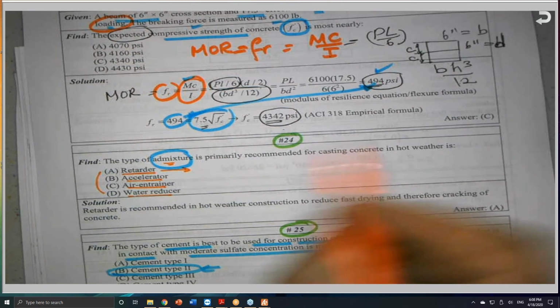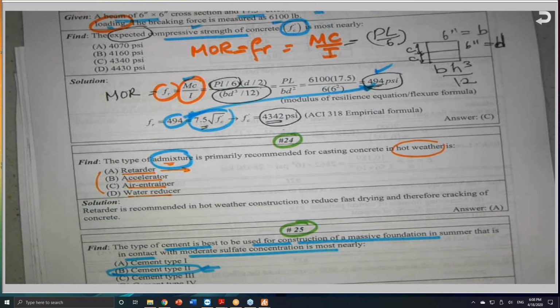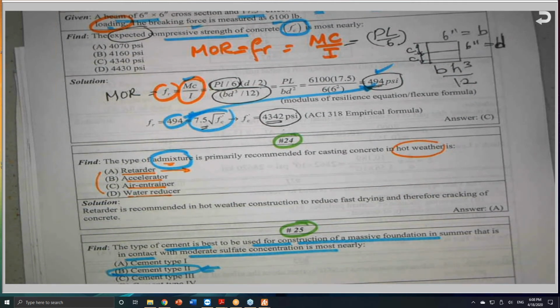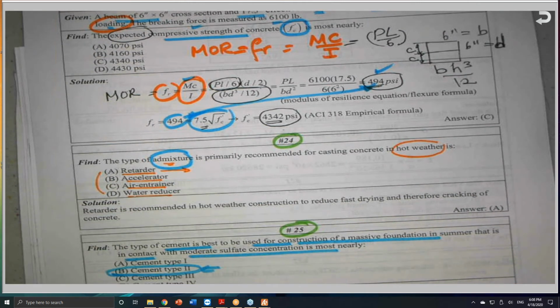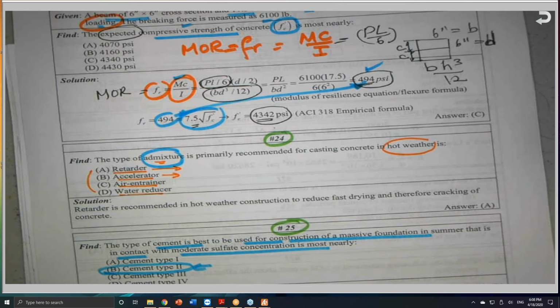So during hot weather, when I'm transporting concrete from one location to another, if the temperature starts to go up beyond 90 Fahrenheit, we use a retarder to slow down the concrete from hardening. Accelerator is the opposite. Like calcium chloride, we use calcium chloride as an accelerator to increase the setting of the concrete and reduce the time.